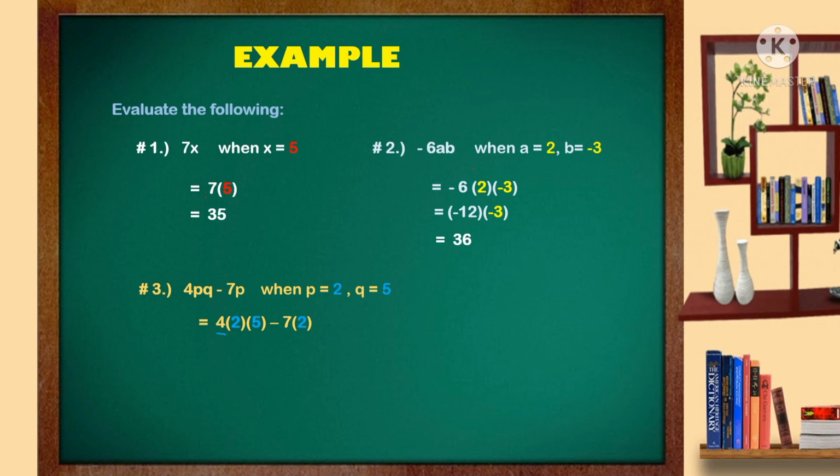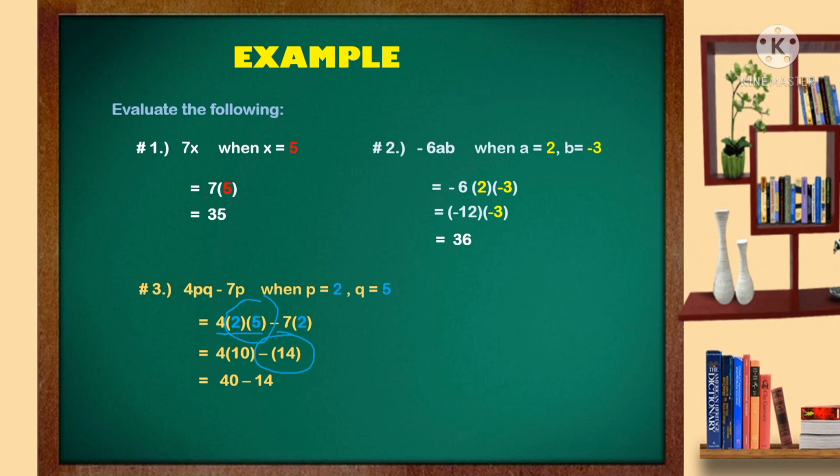So what we are going to do next is multiply. 2 times 5, I multiply this first, becomes 10, then copy 4 because it is given. Minus 7 times 2 becomes negative 14. So 4 times 10 becomes 40 minus 14.